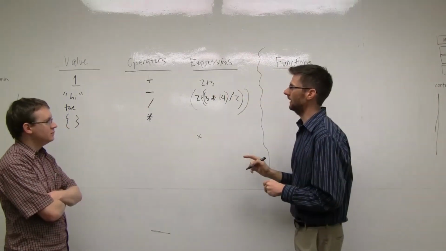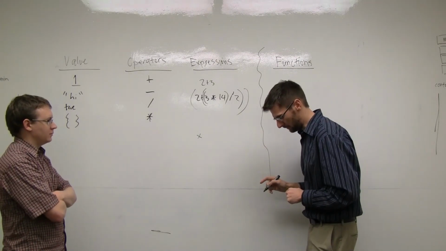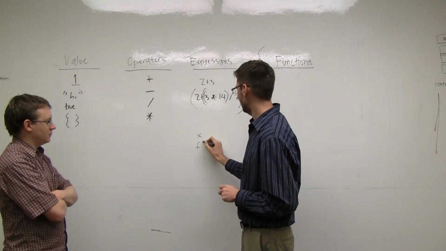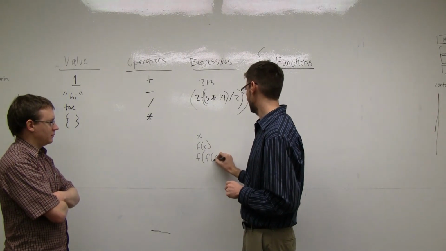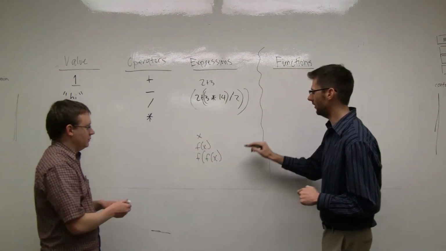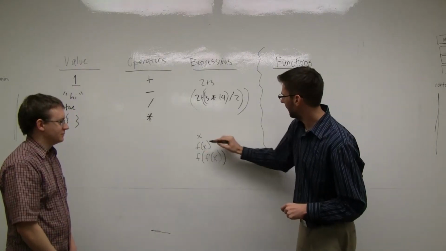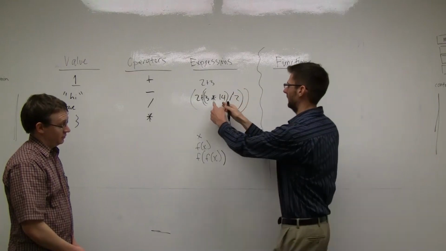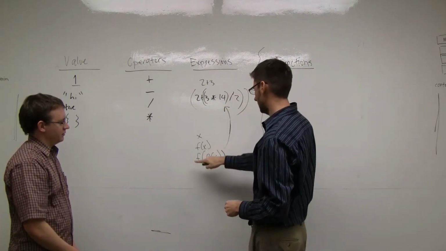You can have a function of x, or you can have a function of x. That incorporates all types of possibilities. This part would actually be this right here, because this is an expression with that an expression and that an expression, which really is this.